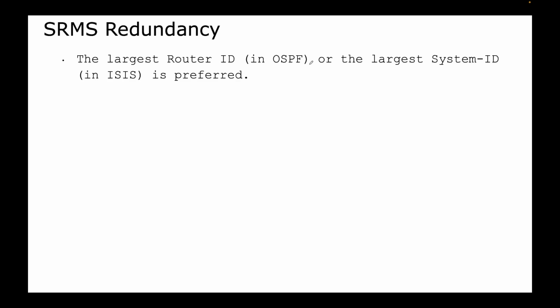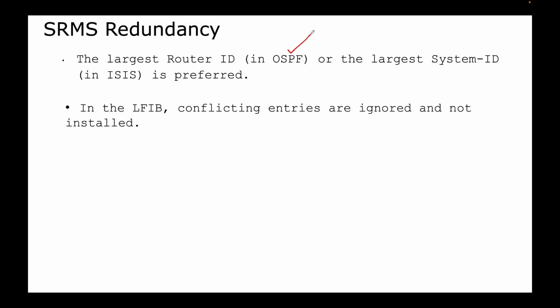And while discussing the SRMS, you need to remember only 2 points. One is that the larger router ID or system ID will be the preferred SRMS. And if there is a conflict in the network in the prefix-sid entries, then the router is going to ignore that one and it's not going to install it.